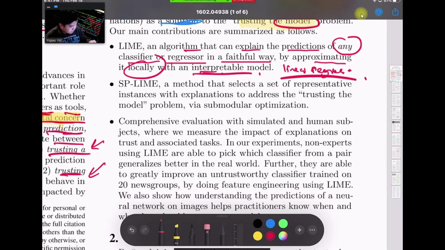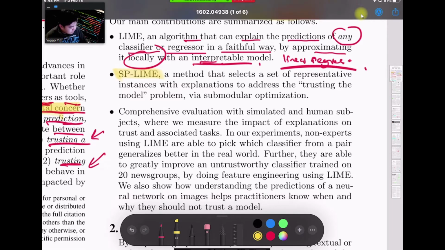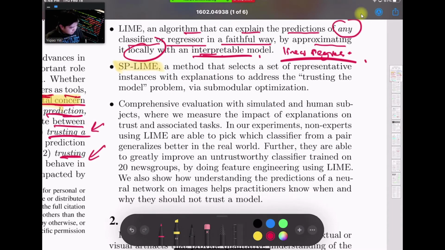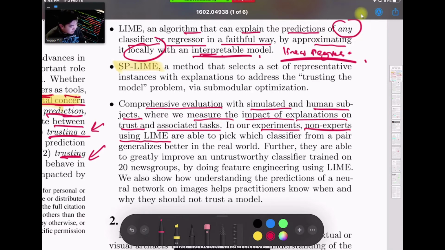And then they're also second, right? SP-LIME, okay? And then another thing that they're saying is comprehensive evaluation with simulated and human subjects, where we measure the impact of explanations on trust and associated tasks. In our experiments, non-experts using LIME are able to pick which classifier from a pair generalizes better in the real world.